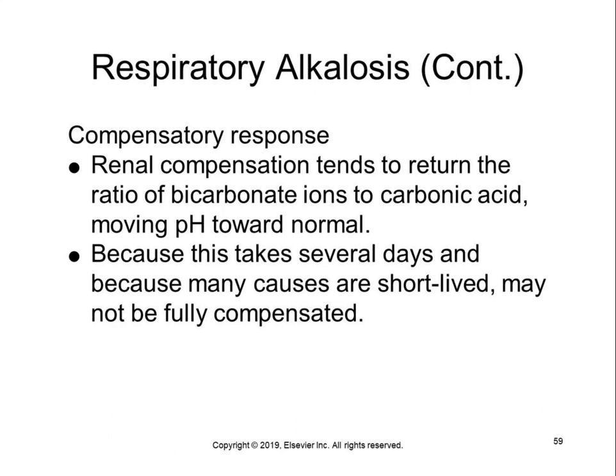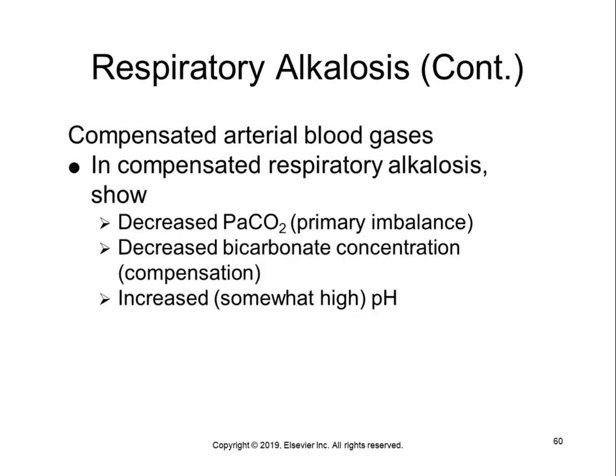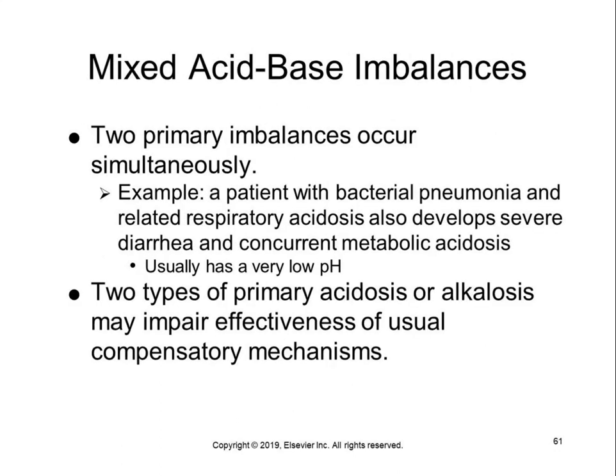Because this takes several days and because many cases are short-lived, it may not be fully compensated. Compensated arterial blood gases in compensated respiratory alkalosis show decreased PaCO2, the primary imbalance, decreased bicarbonate concentration, that's the compensation, and increased pH.